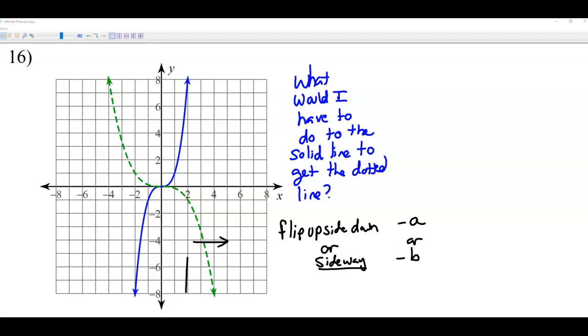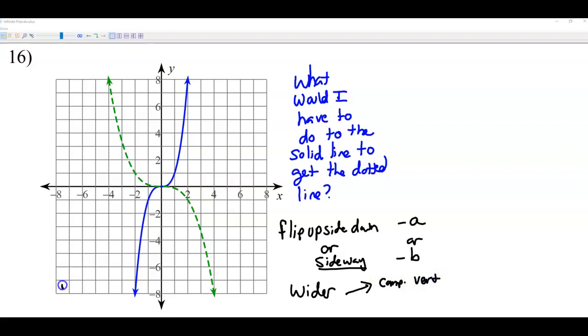Now, another thing that I'm noticing about this one is that it's wider, right? Now, there's two ways that you can make a graph wider. One way that you can make it wider is by compressing it vertically. Let me show you what I mean by that.